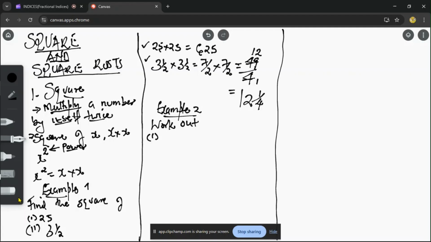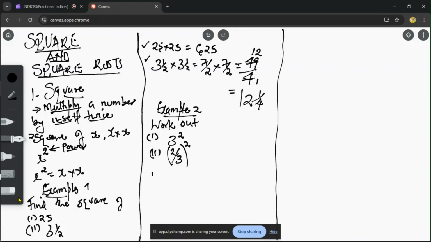Maybe Roman 1, they have given you a number like 3, and also Roman 2, they have given you a number like 2 over 3, all raised to power 2. So this simply means the same as before. I multiply the number by itself twice, and I see what I will get.